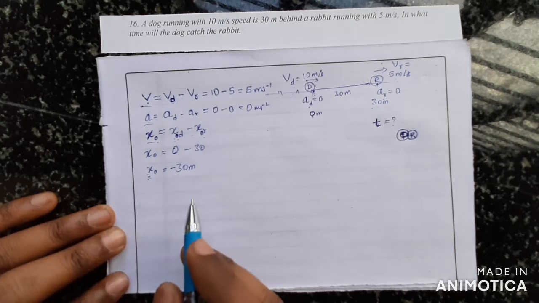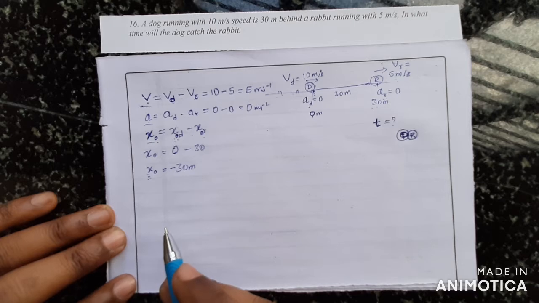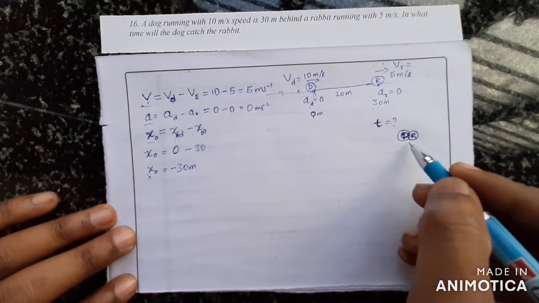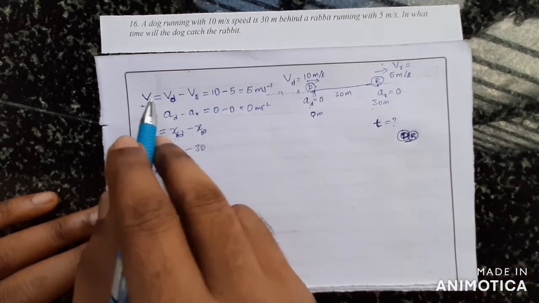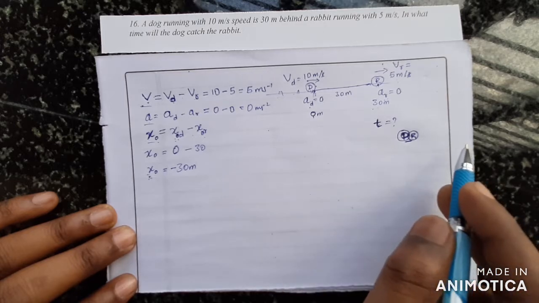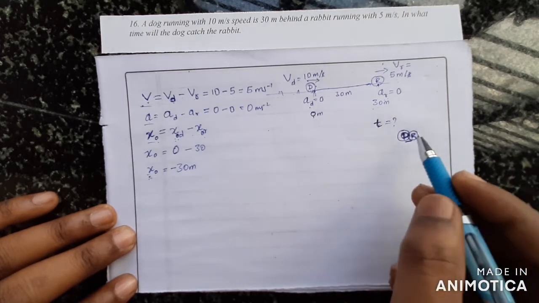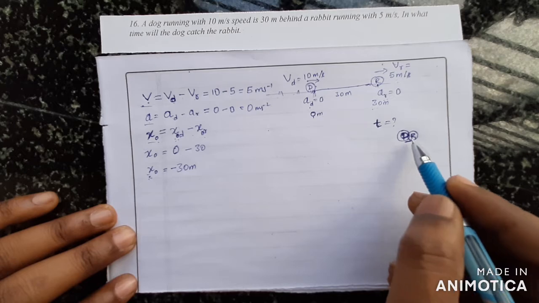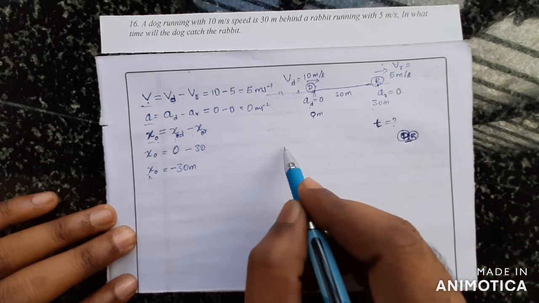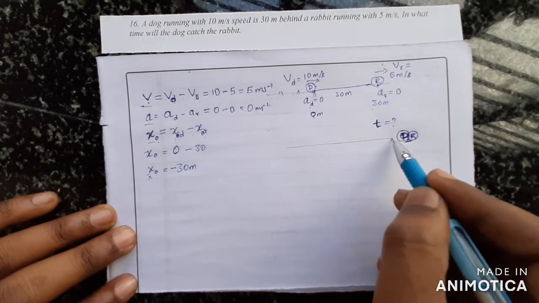Similarly, we need relative final position. Coming to the final factors here, initial and final velocity are same, constant relative velocity, so it is done. So what factor is required more? Final relative position.